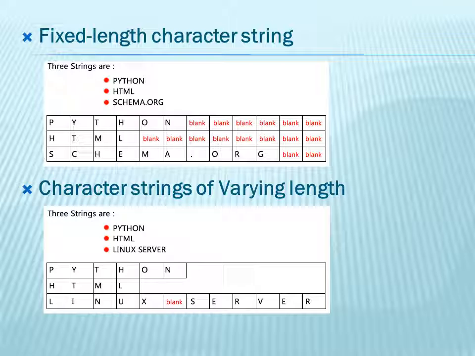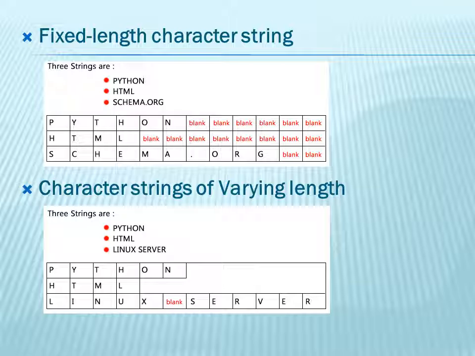Let's see the two diagrams here. The first diagram represents the data stored in char data type. That is, the size is fixed; we can't change the size. We have three strings here. The first string is Python, which has 6 characters.